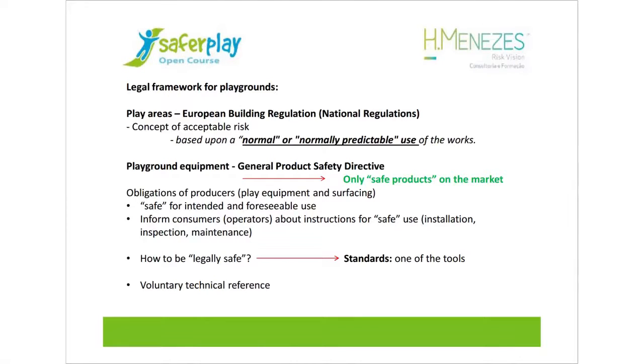Legally, to be safe means that, if it is used in an intended or foreseeable way, and we are talking about children, so they will be very imaginative in the way they use it, it will not have an unacceptable risk. And again, we will go into another concept, what is acceptable or not.